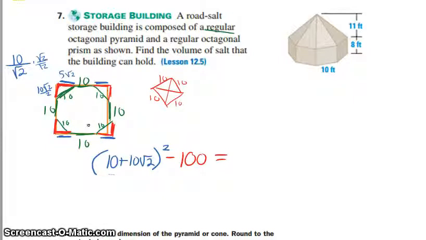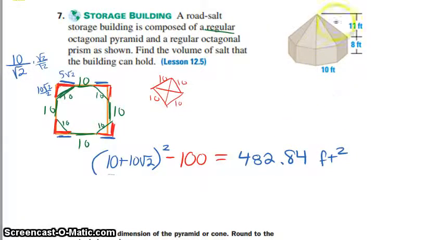So now it's time to put this into my calculator. (10 plus 10 square root of 2) squared minus 100. Make sure you have those parentheses in there. And I get 482.84 feet squared.